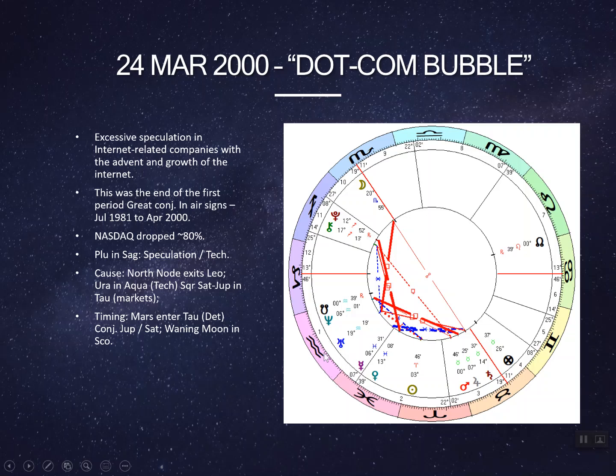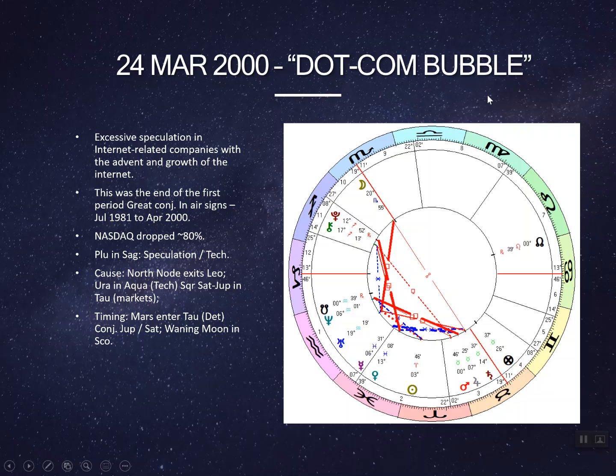Well, it's actually in its own sign, Aquarius, which is a sign of technology, computers, internet. So it's one of the air signs. So we can see the bubble, the .com bubble, was created as Uranus was in this sign. So a couple of factors all pointing to the fact that we're going to have a stock market crash around technology companies.